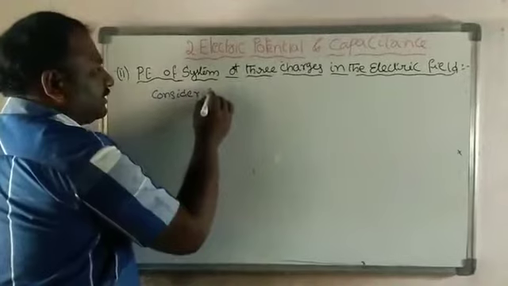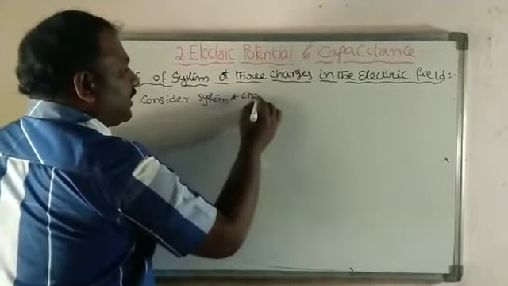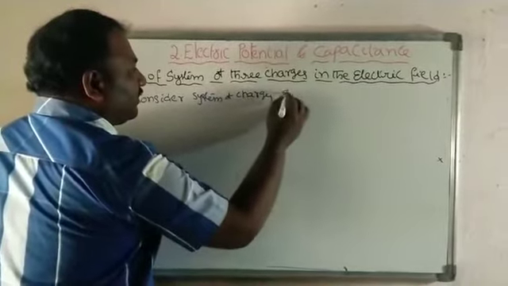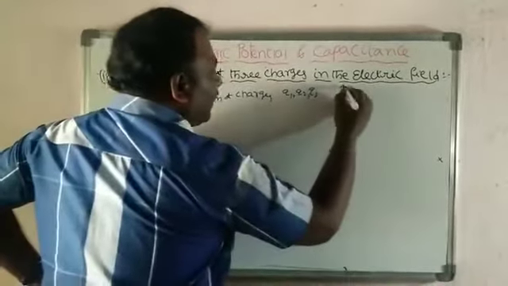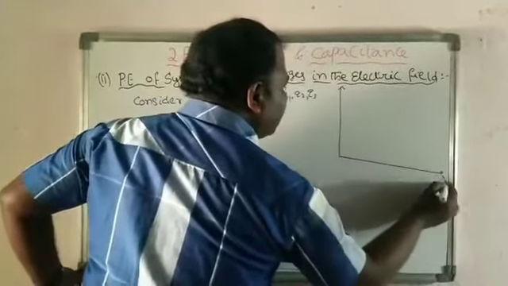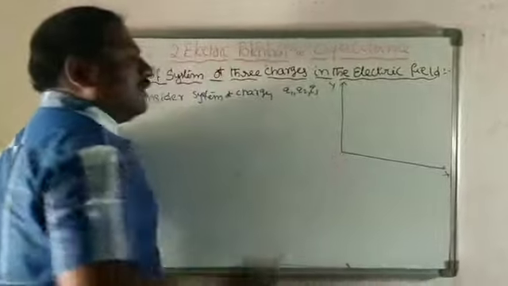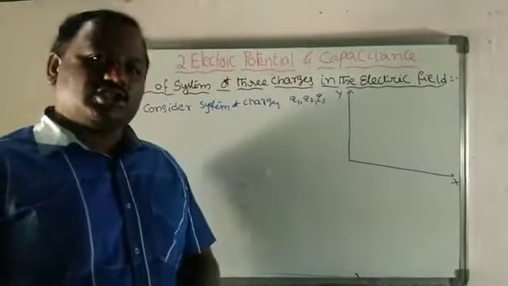Consider the system of charges. Here the number of charges is 3. Those are Q1, Q2, Q3. And again I consider a region with zero electric field, meaning in this region the electric field is 0.